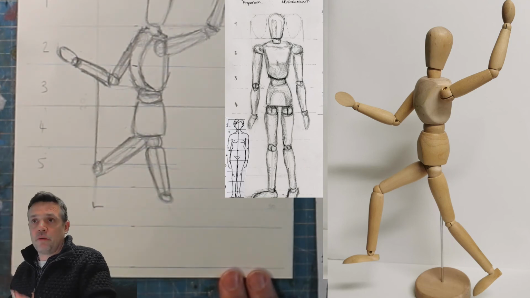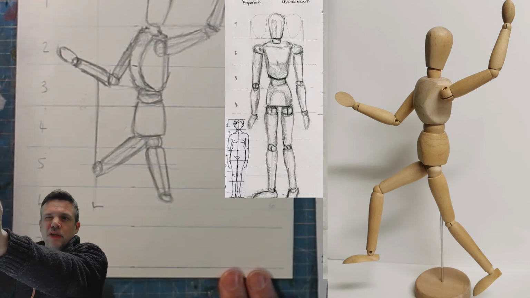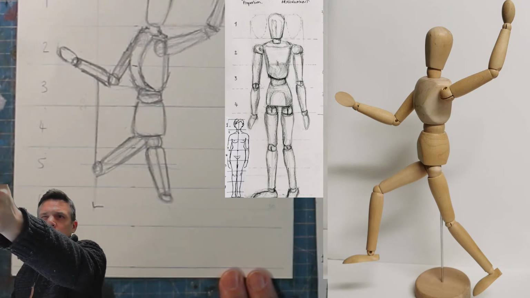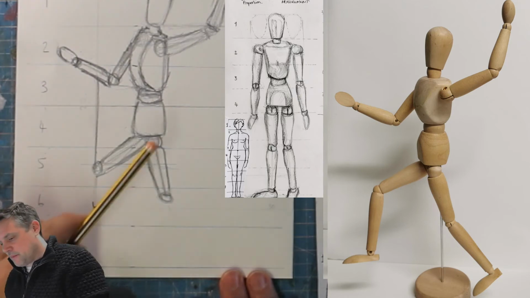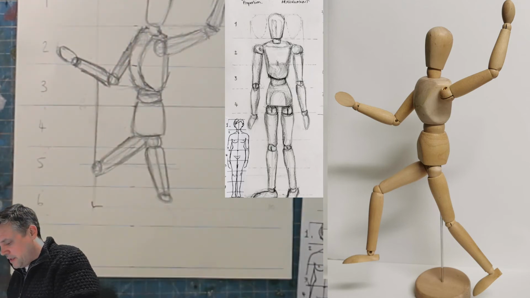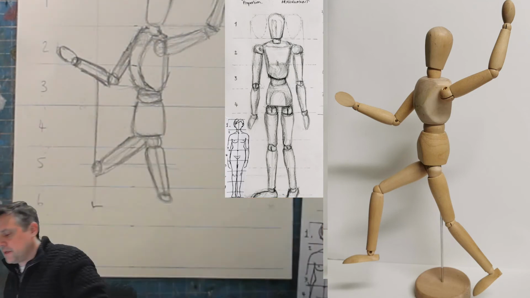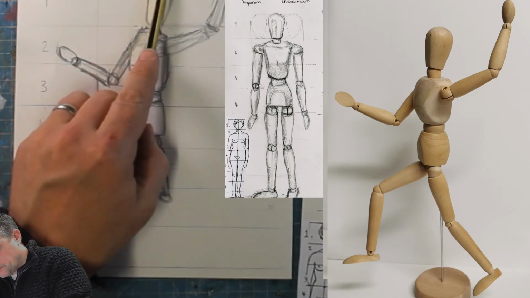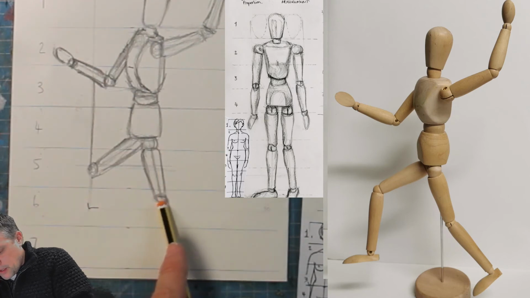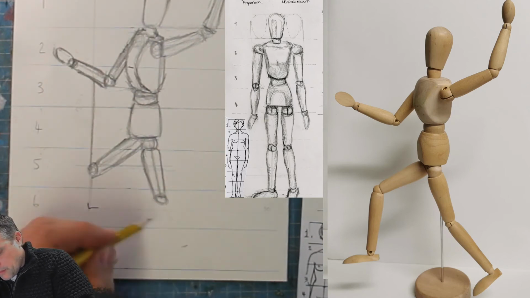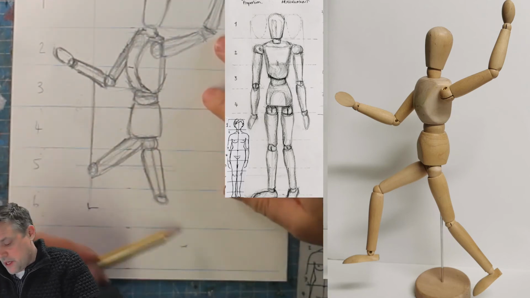So I can measure that off again. And I think the shin is going to be a bit more than the height of the head as well. Yeah, so it's about 1¼. There's one, a little bit more just there.